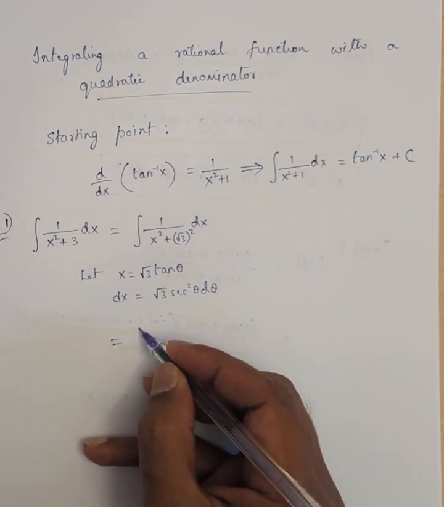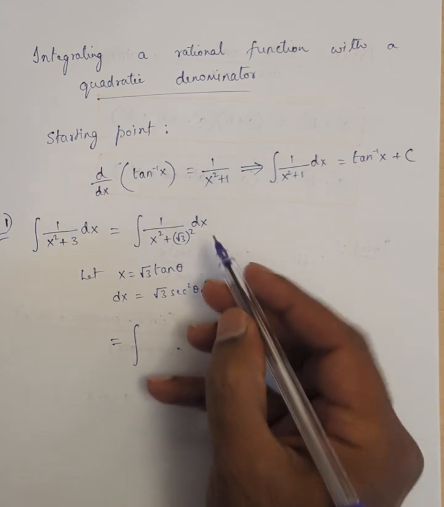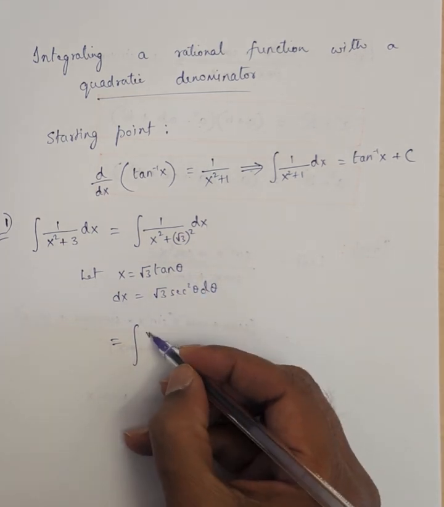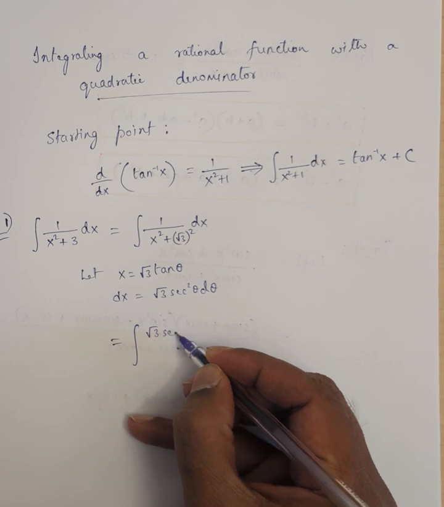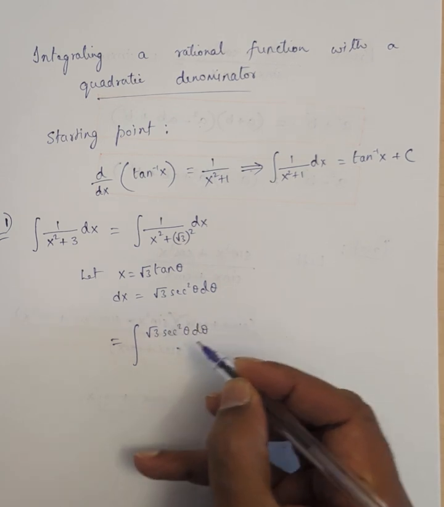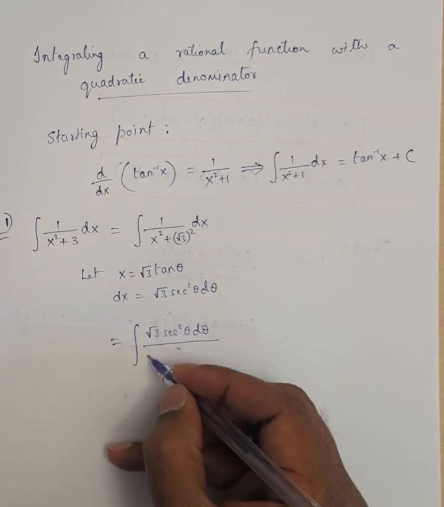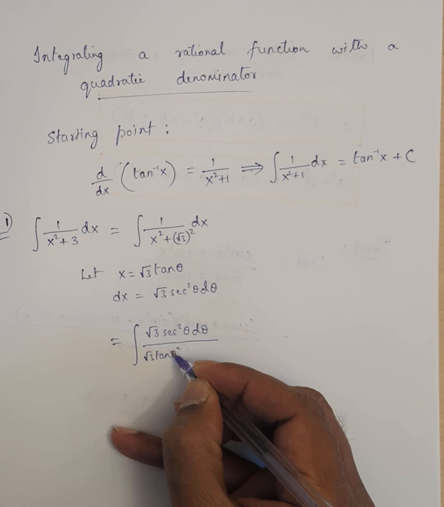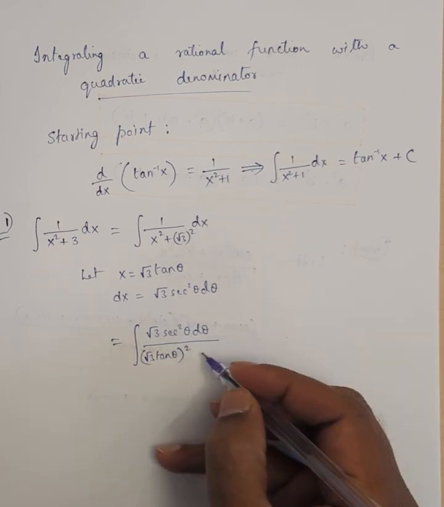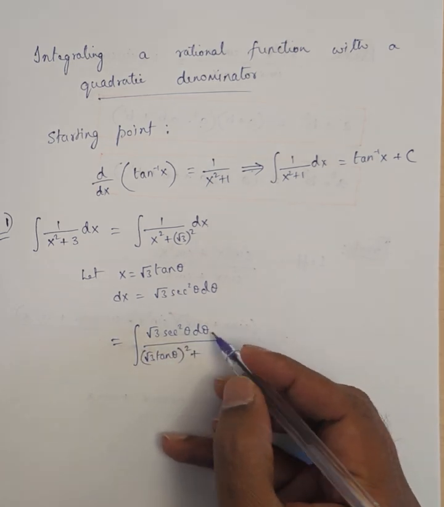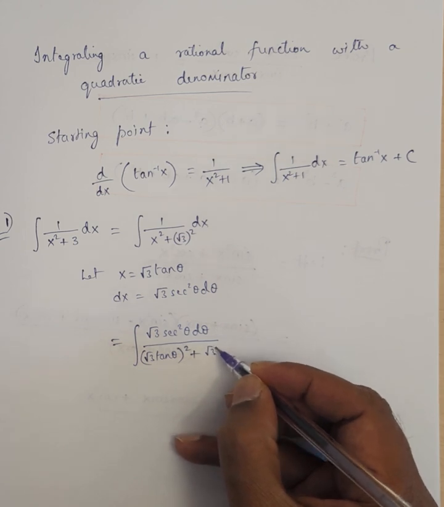So the integral simply becomes, dx replaced by square root 3 secant squared theta d theta, and then x squared becomes root 3 tan theta, this is x, you need to square that, plus root 3 squared.